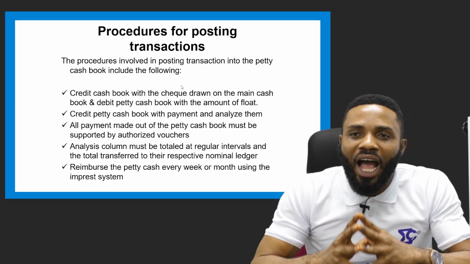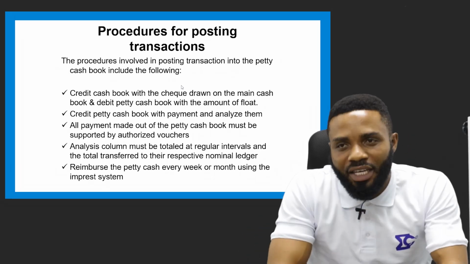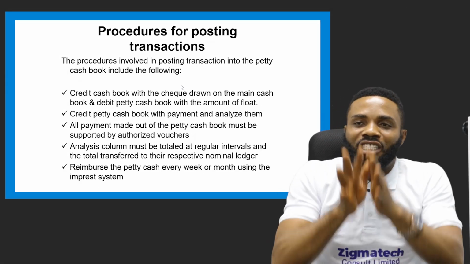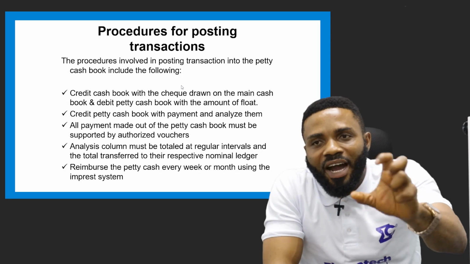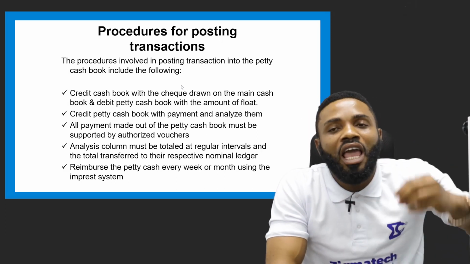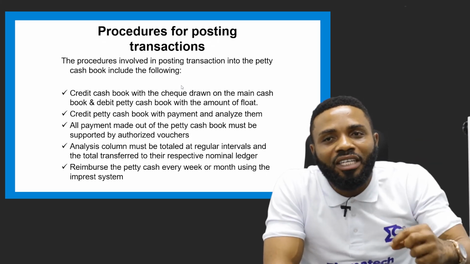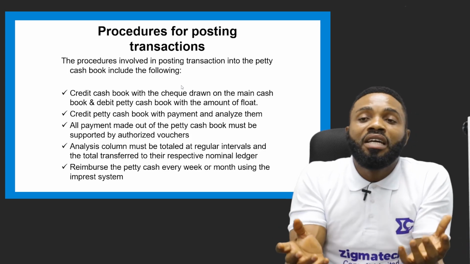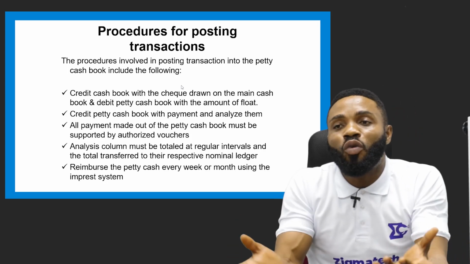The third one is that all payments made out of the petty cash book must be supported by authorized vouchers. I've said it from the beginning. A voucher is just a sheet that specifies transactions. So every payment made by the petty cashier must be supported by an authorized voucher, because sometimes the main cashier may not be there to question what you are buying.